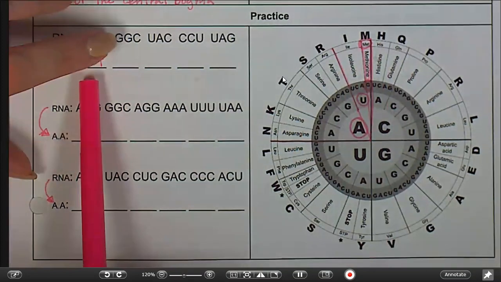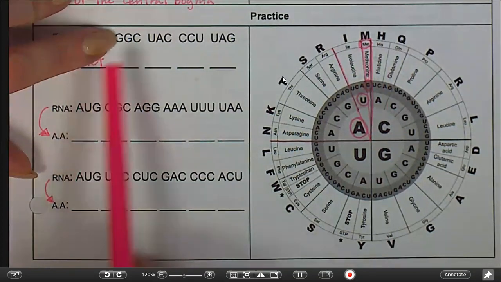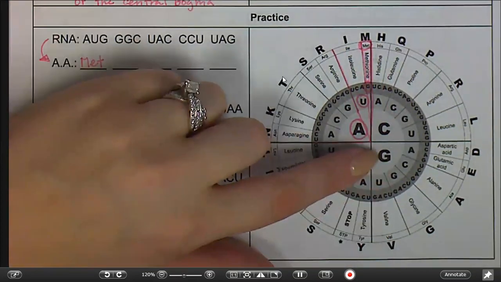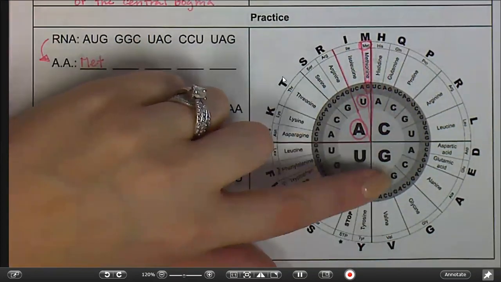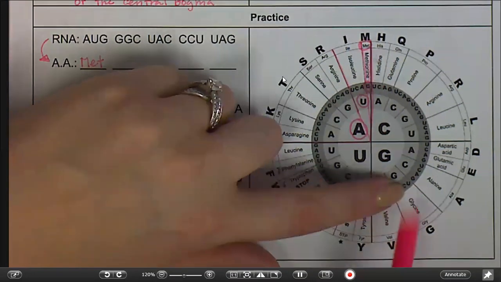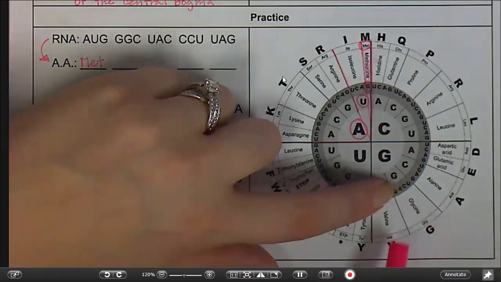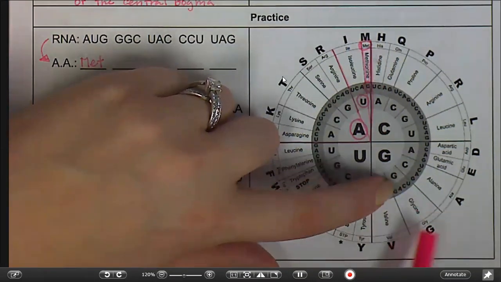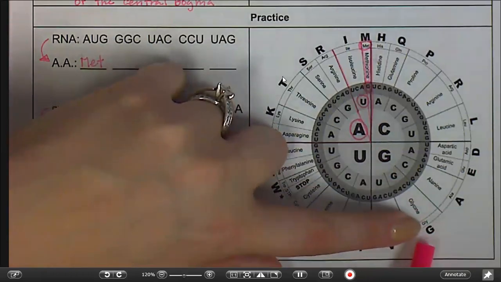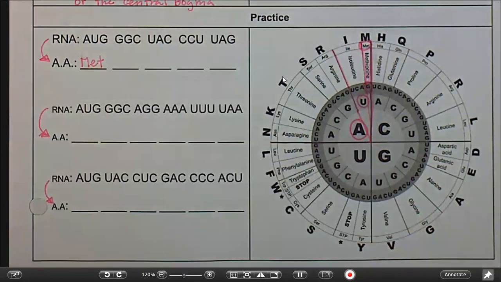Our second codon is GGC. So I'm going to go to the big G. I'm going to go to the medium G. And I'm going to go to the C. And that C, all 4 of our little letters for this one code for glycine. And my 3-letter abbreviation is GLY.